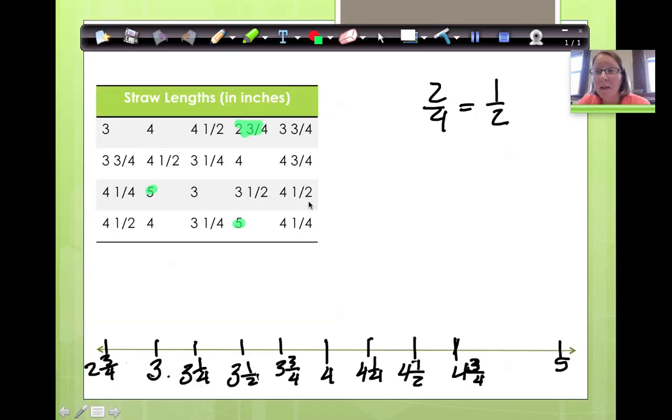Now we're going to make line plots. Okay, so the way we do this is we start with a number and we put an X on that number. So here's 3. So I'm going to put an X right here, not on the line, up above it. Done with that one. Now 3 3/4 up above it. Now we're trying to line up our X's. 4 1/4 right here. 4 1/2 right here.